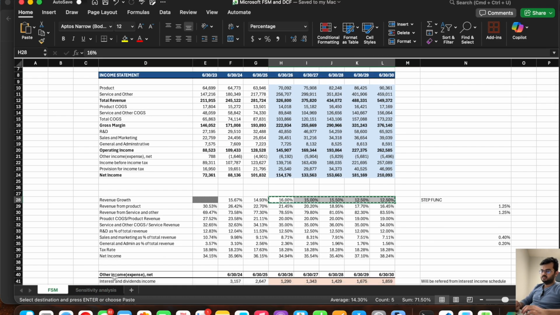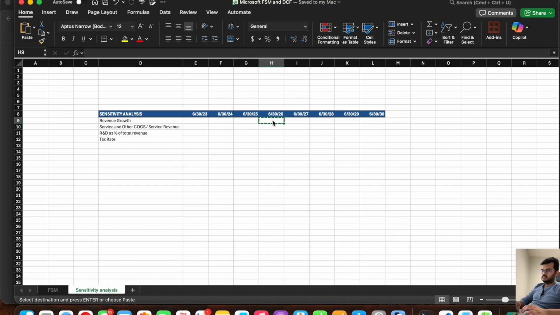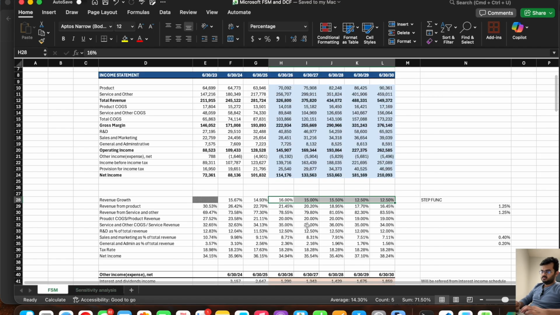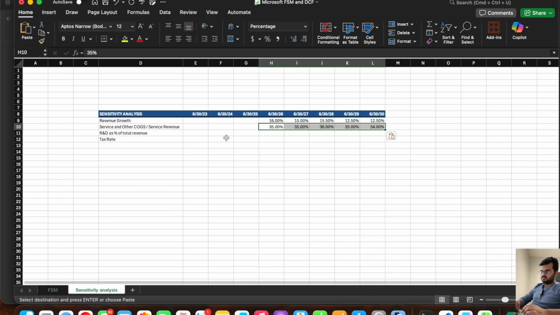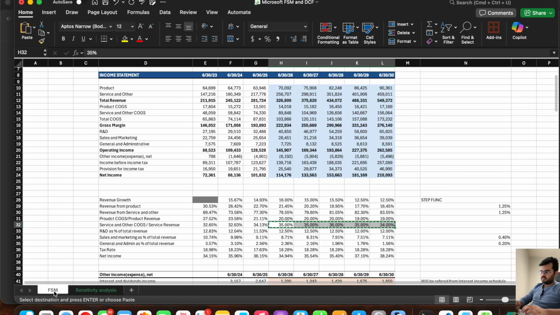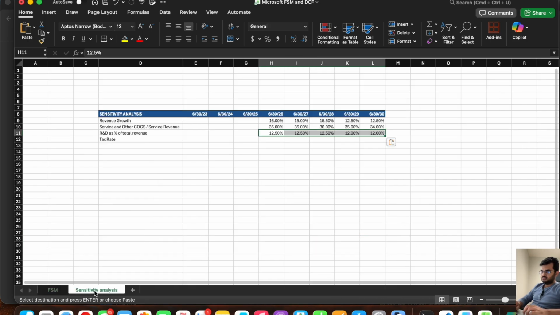From here, I can do all the topics. Revenue growth is this number. Then service and others is this number. Then R&D as part of total revenue is this number.